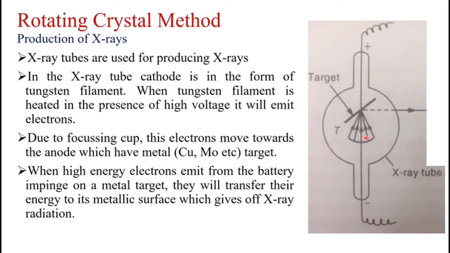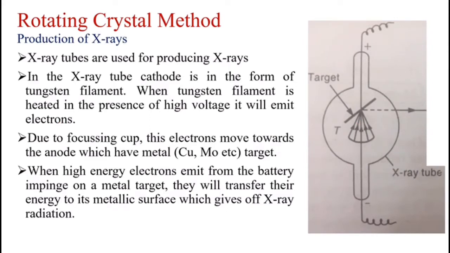This metal target can be made of copper, molybdenum, etc. When high energy electrons impinge on the metal target, they will transfer their energy to the metallic surface, but only a little amount of energy will be transferred, and the rest will be dissipated as heat. This metal surface gives off X-ray radiation.